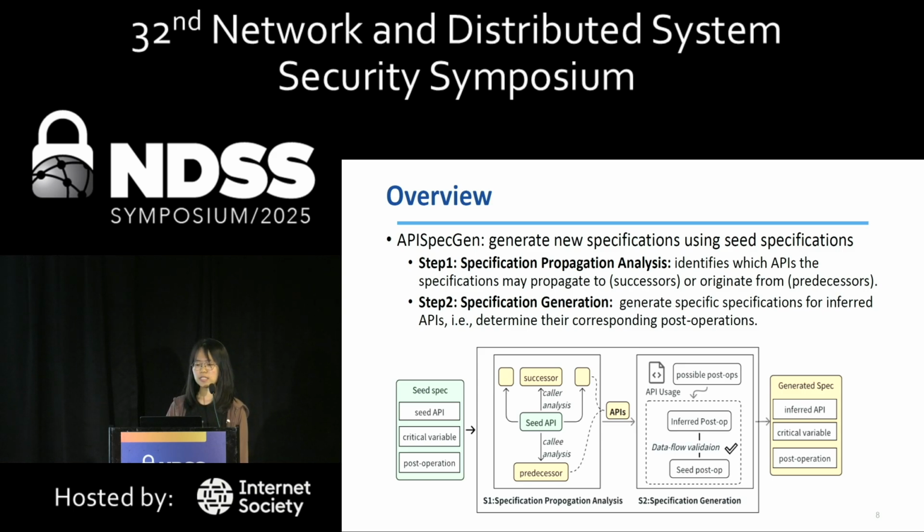The first step identifies which APIs the seed specification may propagate to or come from. This involves the caller and callee analysis for the seed API. And the second step generates specifications for the inferred APIs. This means determining their corresponding post operations.